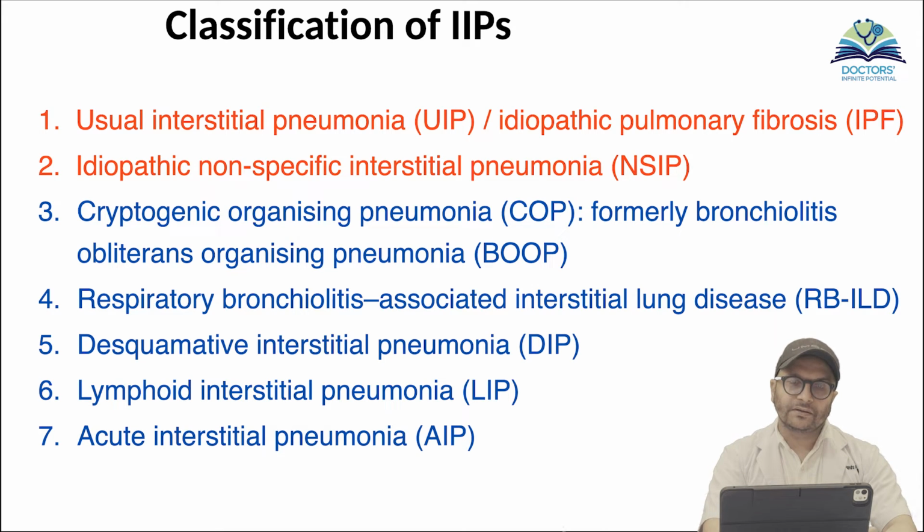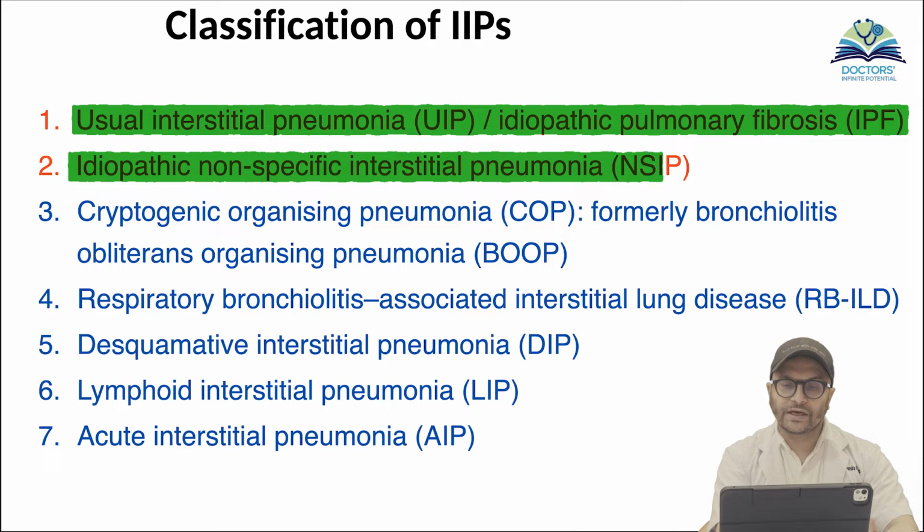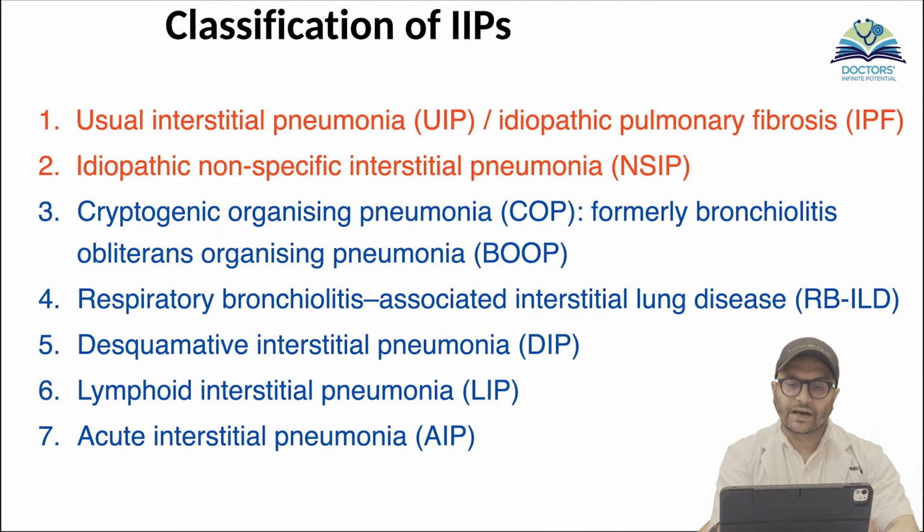Idiopathic interstitial pneumonias are classified into 7 subtypes: usual interstitial pneumonia, UIP, or idiopathic pulmonary fibrosis, IPF, idiopathic non-specific interstitial pneumonia, NSIP, cryptogenic organizing pneumonia, respiratory bronchiolitis associated interstitial lung disease, RBILD, DIP, LIP and AIP. We will mainly be discussing UIP and NSIP patterns, as others are less common in our clinical setting.